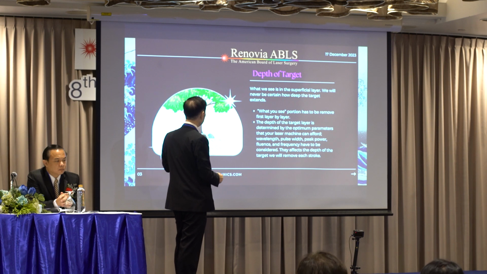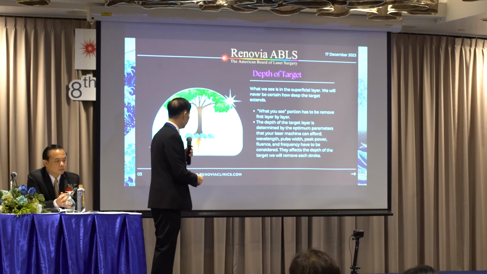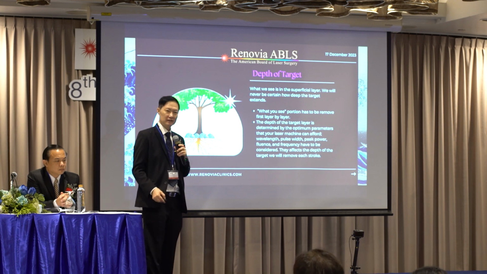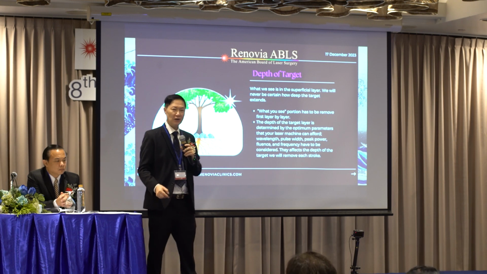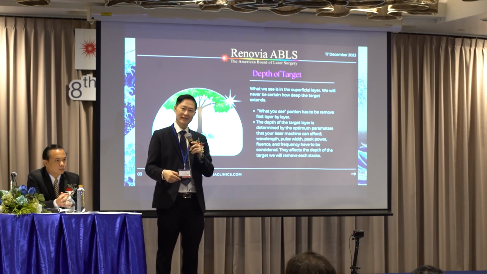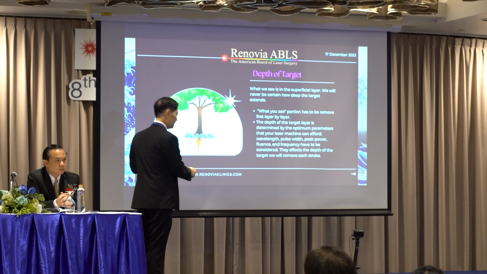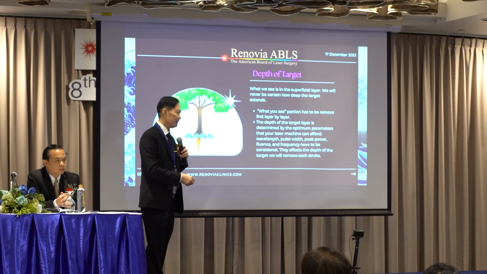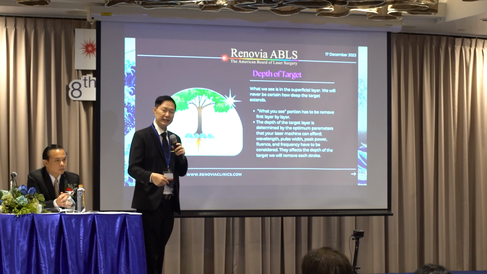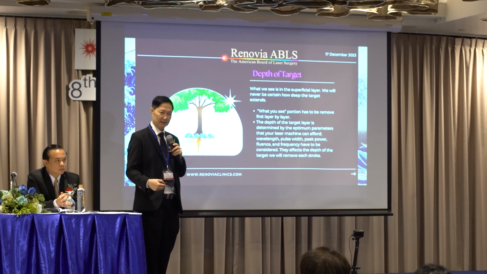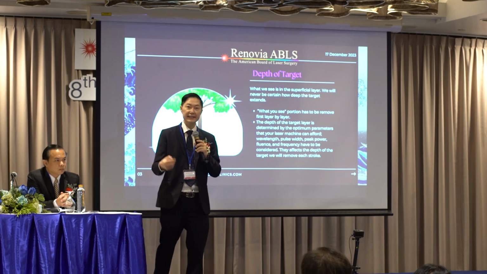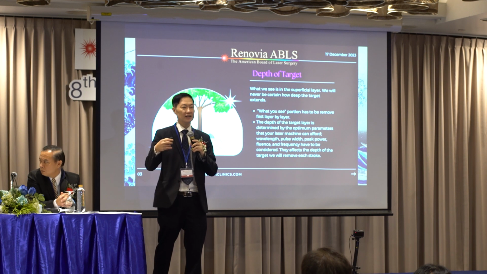Then the depth of target. There are 2 parts, as I told you. What you see and what you don't see. The wise people will remove what you see first, and then do the deeper part little by little, what you don't see. And what you don't see will be observed by clinical signs.